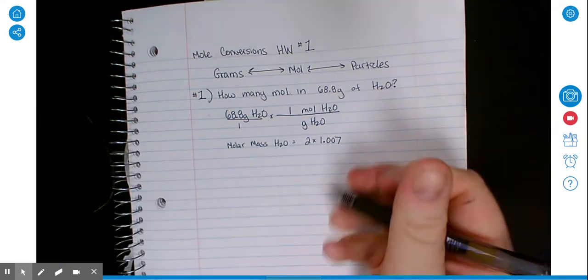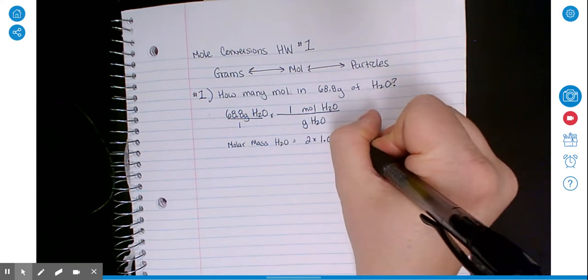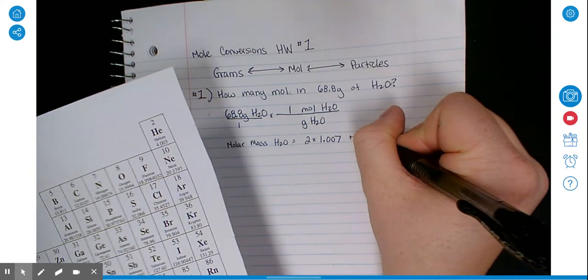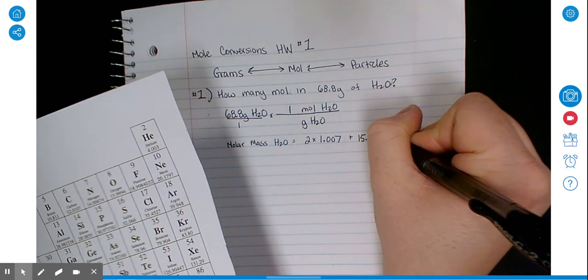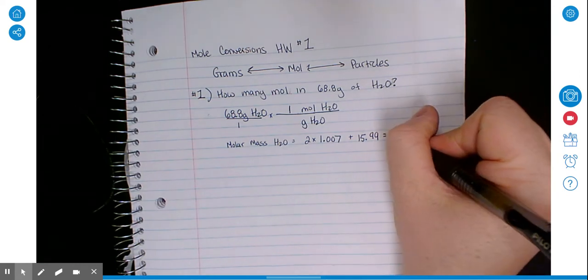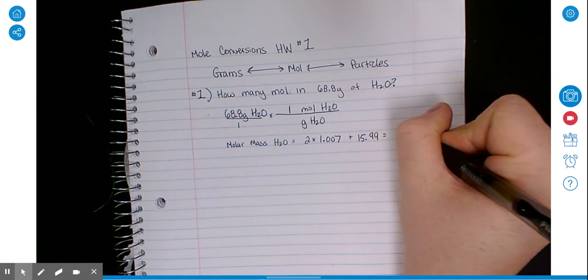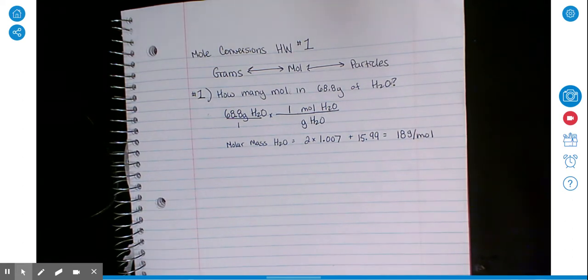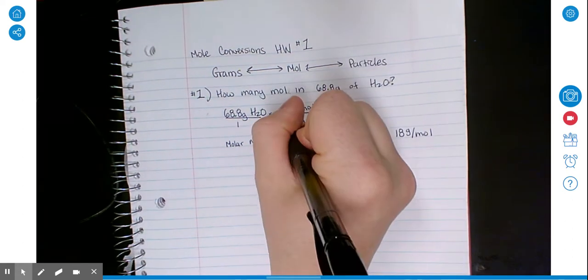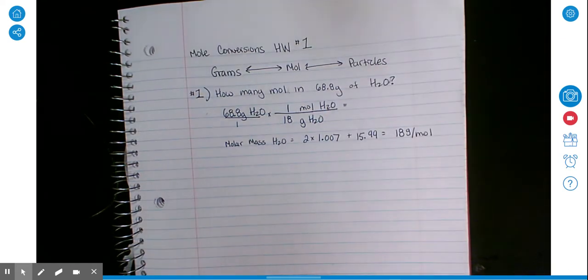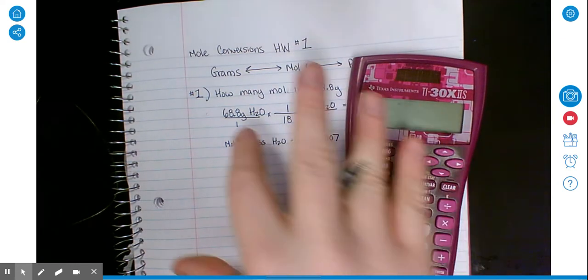Plus 1 oxygen. So 2 times 1.007 plus the weight of oxygen, which is 15.99. The weight of water, and this is going to be a weight of water that we use a lot, just round it. The molar mass of water is 18 grams per mole. So 1 mole of water weighs 18 grams.